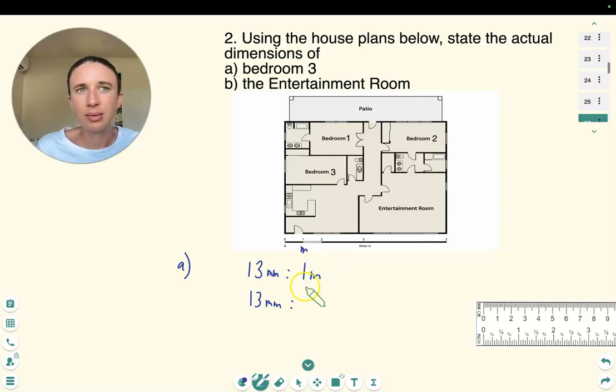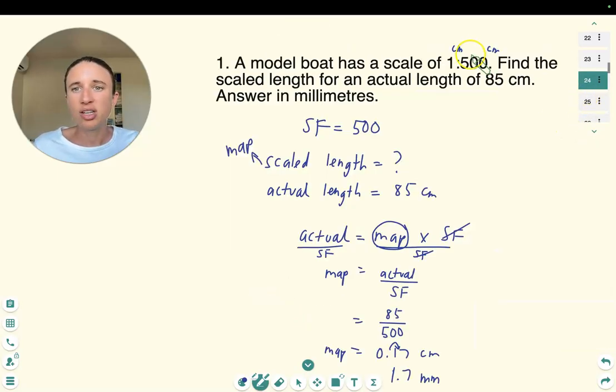Well, it'd be 100 centimeters in a meter and 10 millimeters in a centimeter. So it's actually going to be 1,000 millimeters, just converting that because you want the same units on both sides of the ratio, okay?